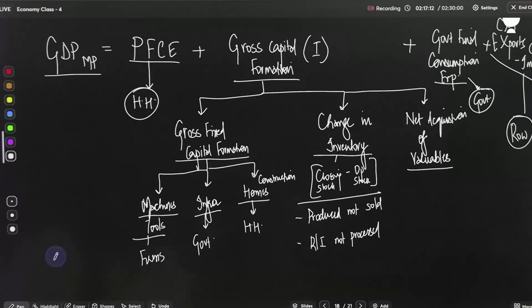Then fourth, the expenditure done by rest of the world on goods and services produced in India, that is exports.